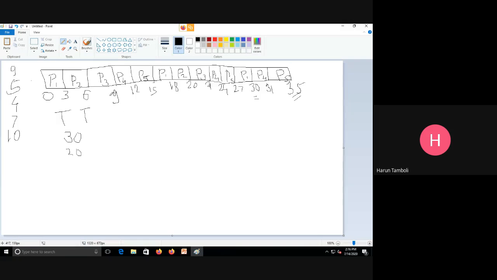After that P3, when is the complete execution? I think it is 21. So for P3, turnaround time is 21. P4 completes execution at 31 and P5 completes execution at 35.